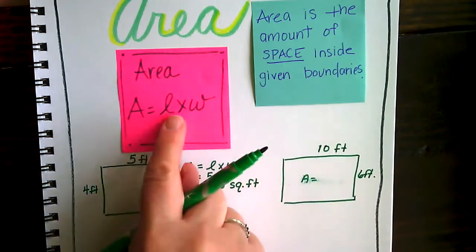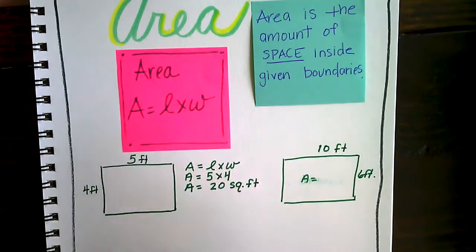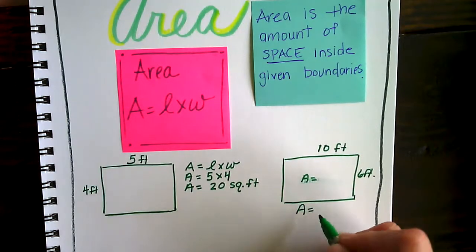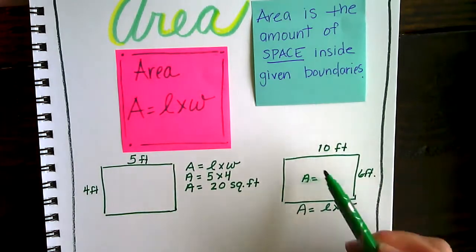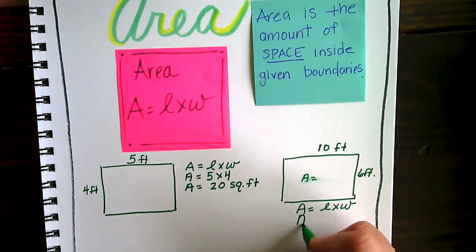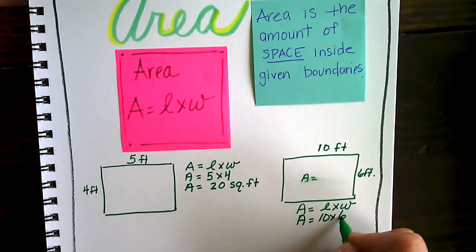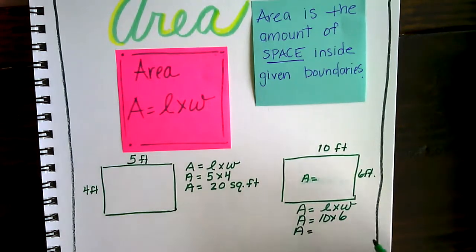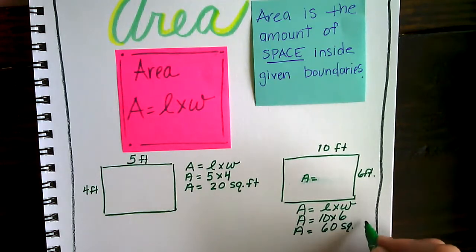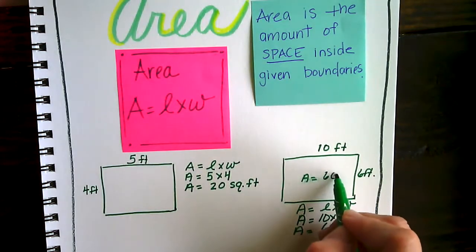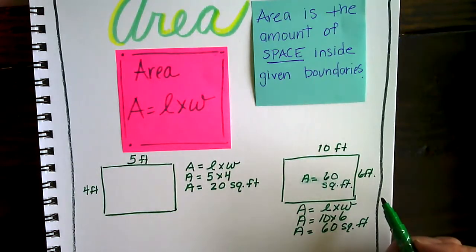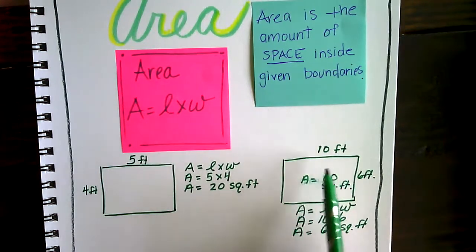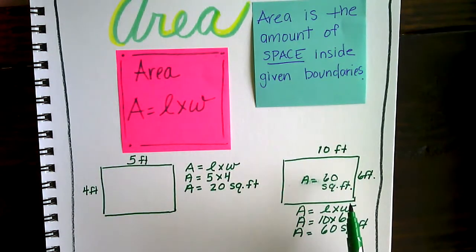So again, knowing that area equals length times width, let's record that. Length times width, 10 times 6, area equals 60 square feet. The only thing you need to remember here is that area is the space inside, and to find the area, you simply multiply length times width.